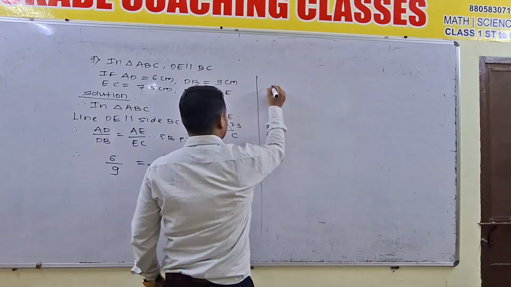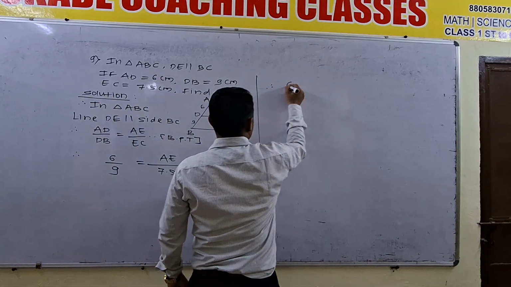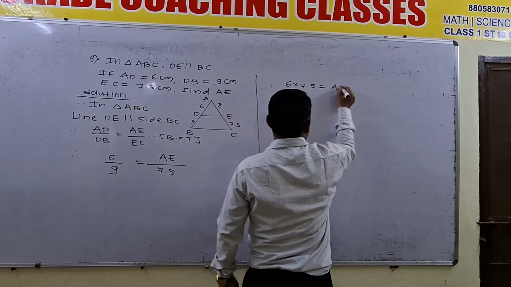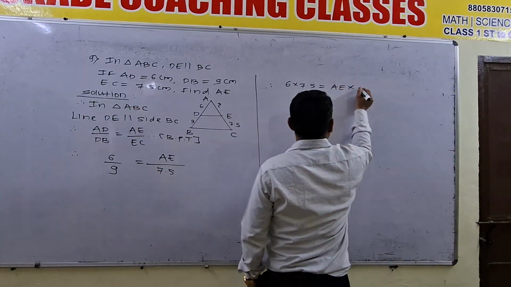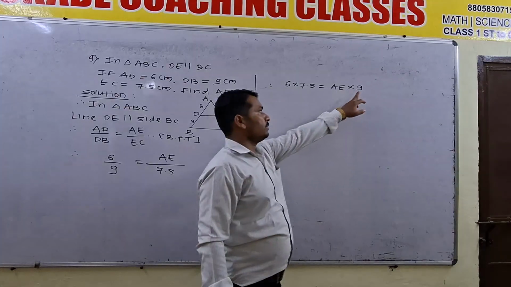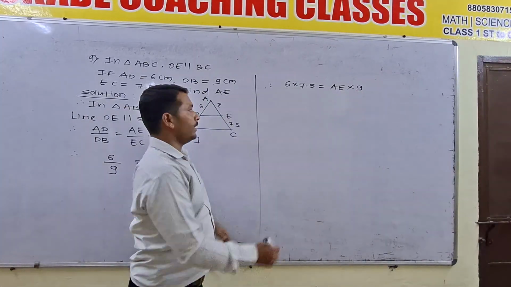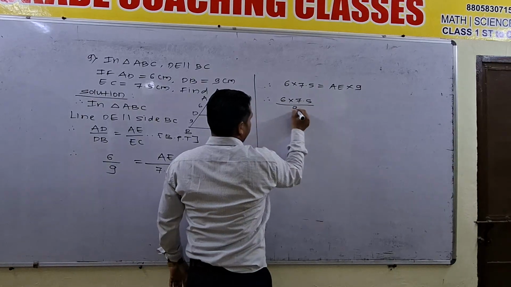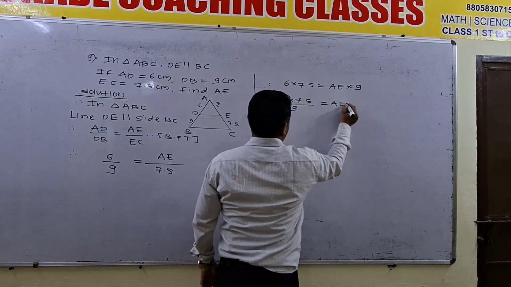Look at the boards. 6 multiplied by 7.5 is equal to AE multiplied by 9. So 9 is multiplied, changing side, divide. You get the answer: 6 multiplied by 7.5 divided by 9 is equal to AE.